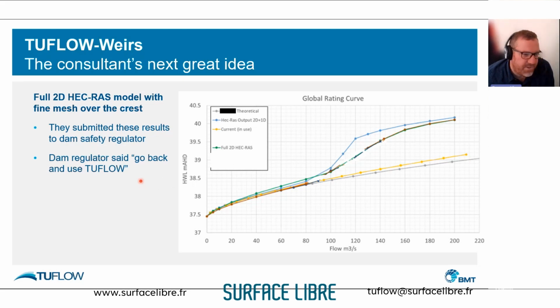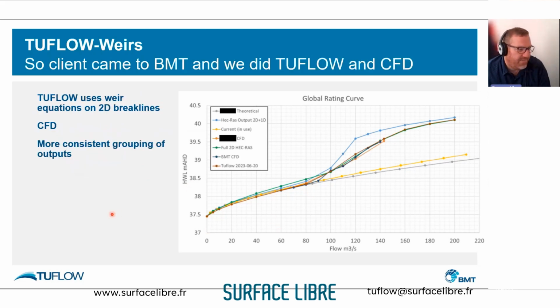So they submitted those results to the dam safety regulator, who basically came back and said, right, just use TUFLOW. So they came to BMT, who are the creators of TUFLOW. We did use TUFLOW. Obviously, as I've just shown, we used the 2D weir equation on our 2D break lines.